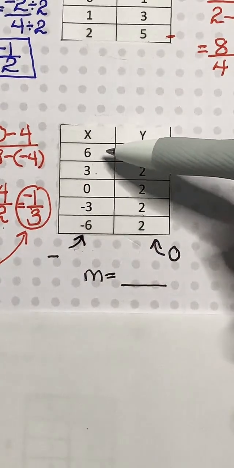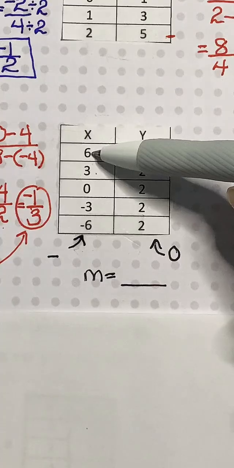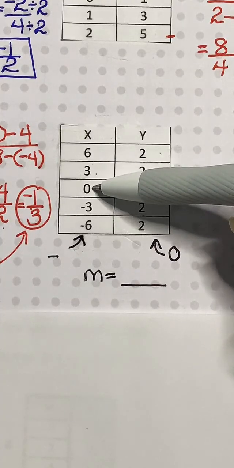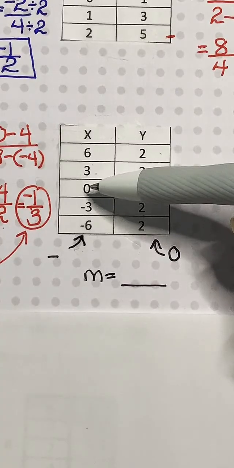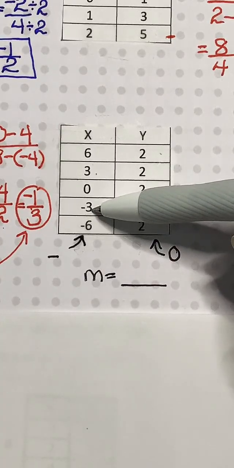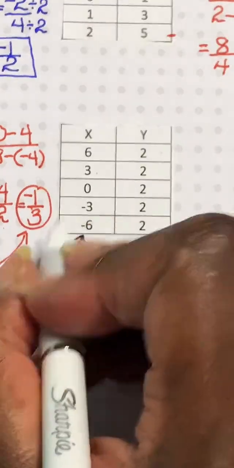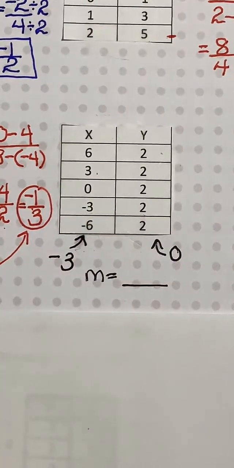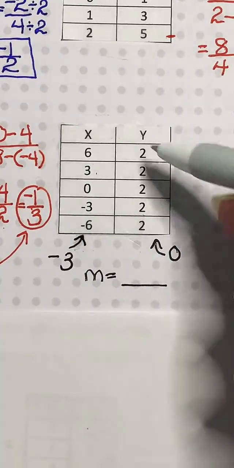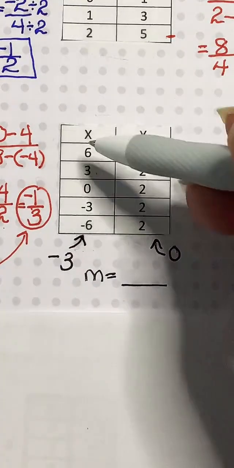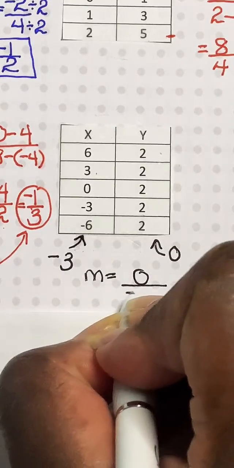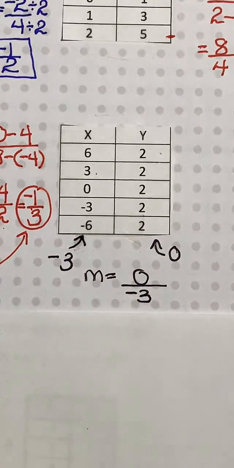But subtract by what? If we're going from 6 to 3, that looks like a 3. From 3 to 0, that looks like a 3. From 0 to minus 3, I'm subtracting 3. So my pattern is minus 3. Remember, it's the change of your y's over the change of your x's, so you're going to have 0 over negative 3.